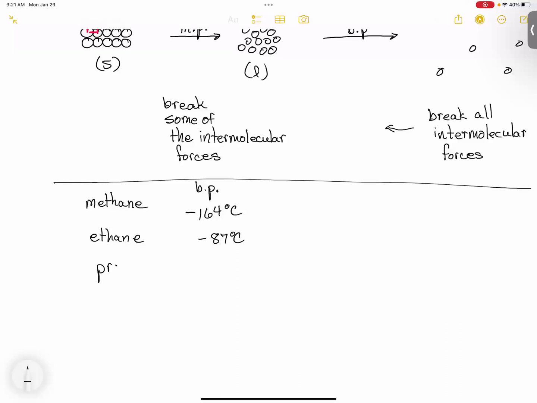Propane has a boiling point of negative 42 degrees Celsius. And if we get to pentane, which is the fifth one in line, it has a boiling point of 36 degrees Celsius. Octane, and yes, I'm skipping some, has a boiling point of 216 degrees Celsius.